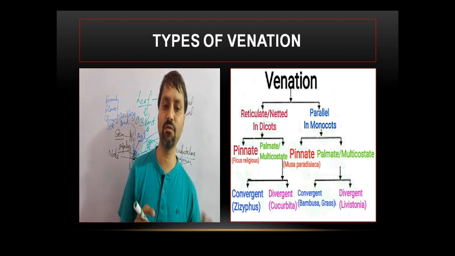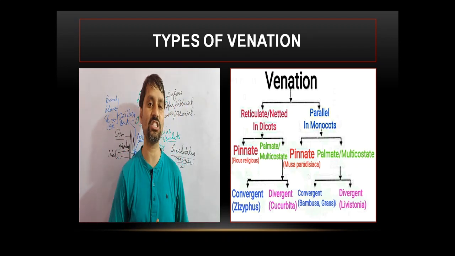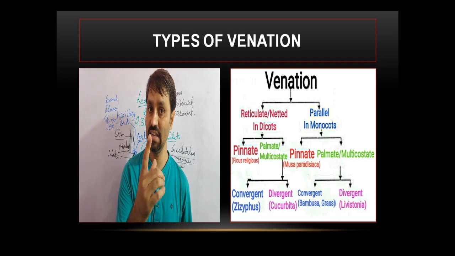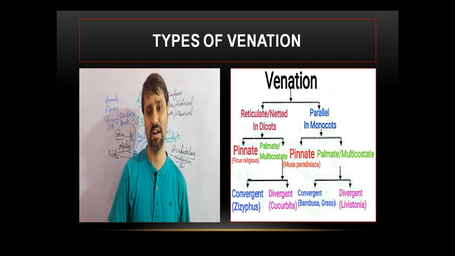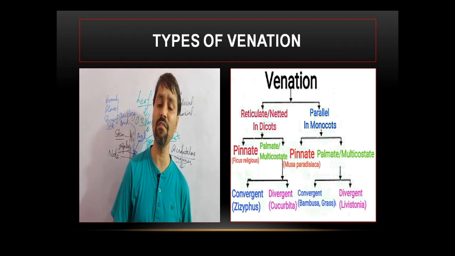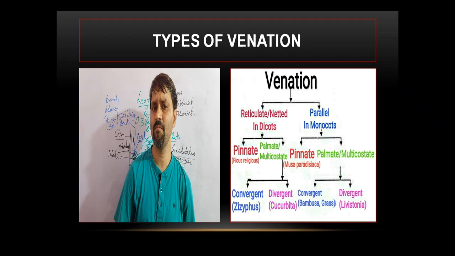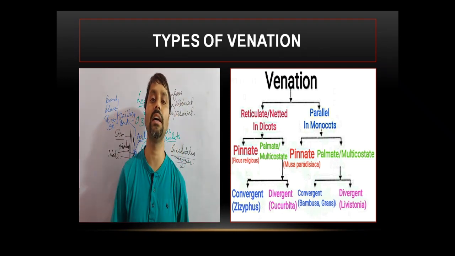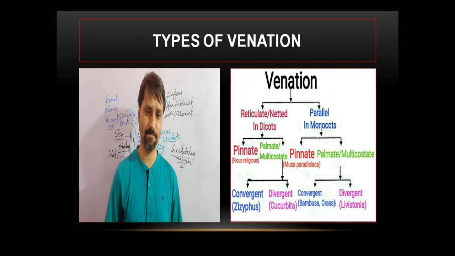Venation is mainly of two kinds. Reticulate, it is forming a net-like structure or network, so it is also called the netted. And I want to tell you, reticulate venation is the characteristic feature of dicot plants, while parallel is the characteristic feature of monocots. Reticulate venation dicot plants में होता है और parallel monocot का characteristic feature उनमें present होता है. Furthermore, differentiation is there.